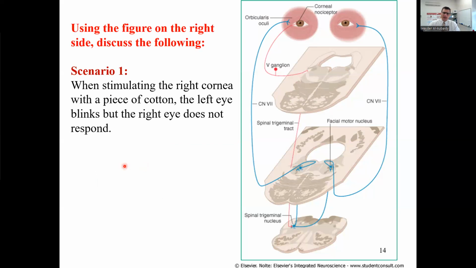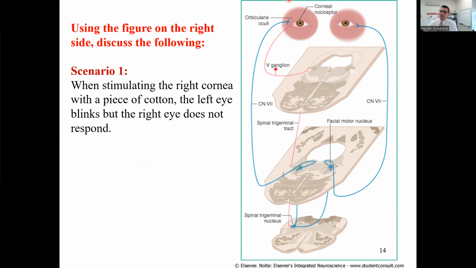And I put two scenarios for you to think about and try to interpret what's going on. What happens when stimulating the right cornea with a piece of cotton, the left eye blinks, but the right eye doesn't?